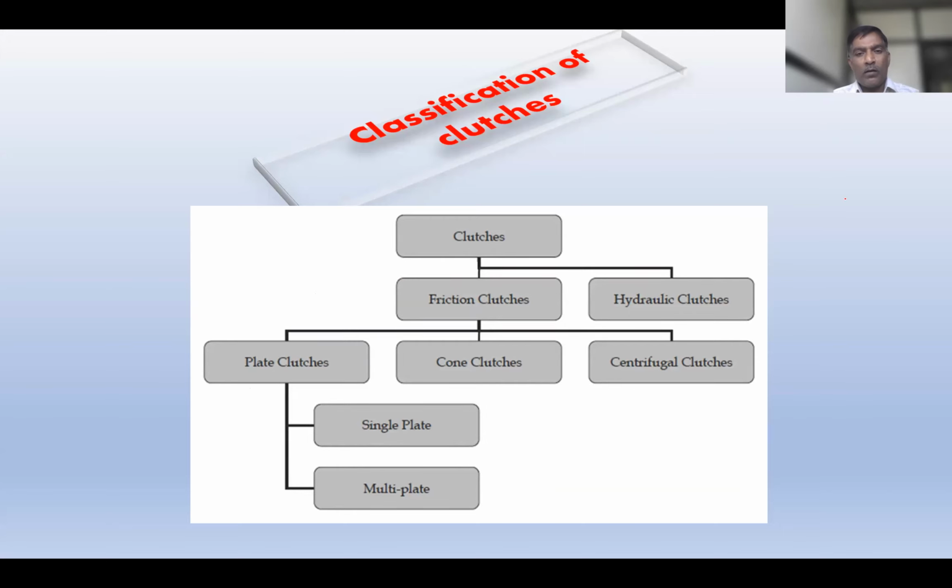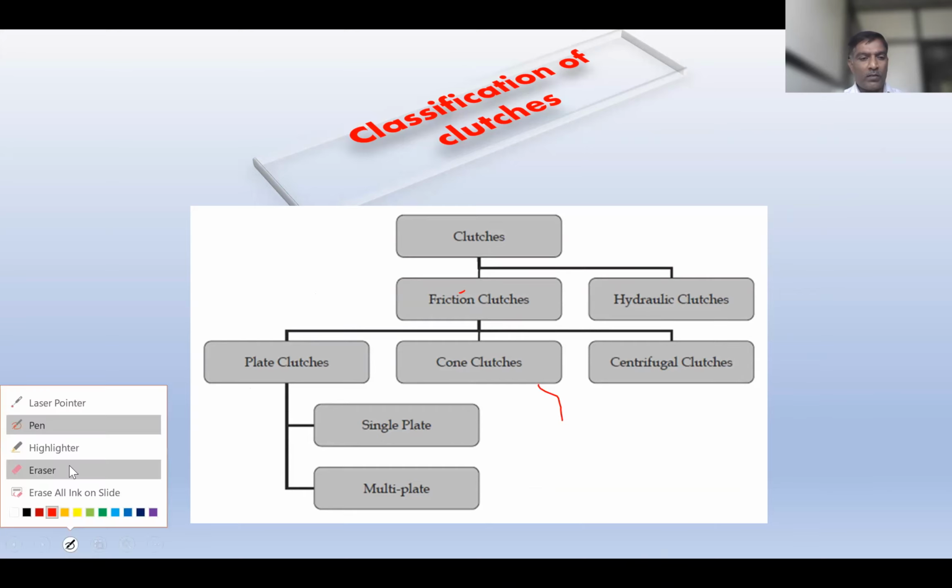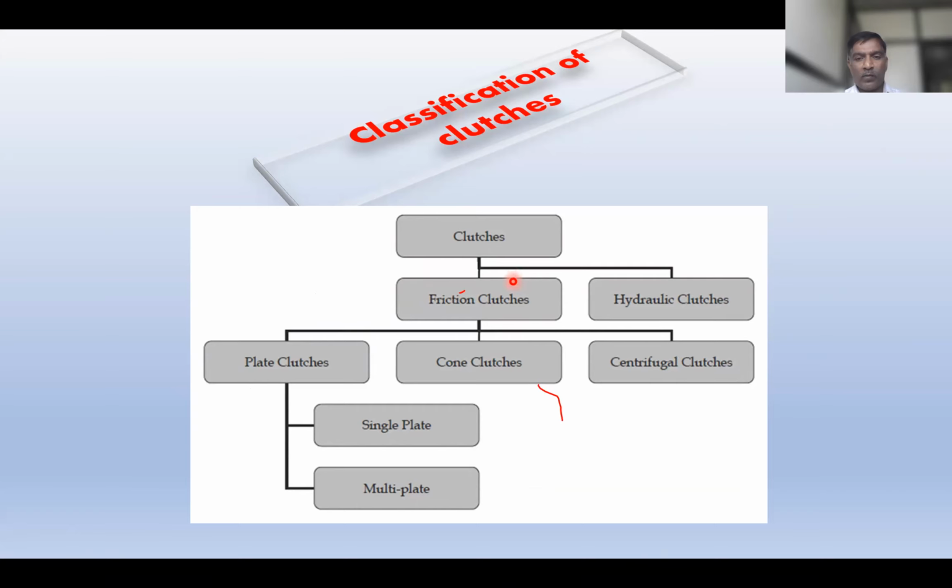Then the classification of clutches. We have seen there are two types of clutches. Previously, we have seen positive clutches and gradual engagement clutches. Under gradual engagement clutches, there are friction clutches and hydraulic clutches.